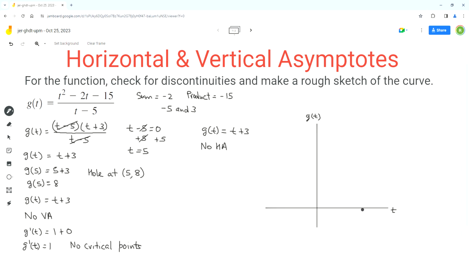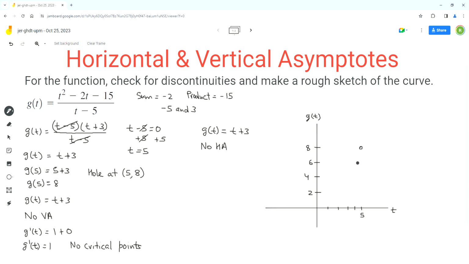So let's assume this is 5, and then let's assume 8 is here. So the hole is at this point, 5, 8. We show it as an empty dot or an empty circle.